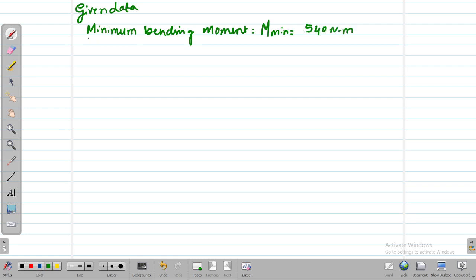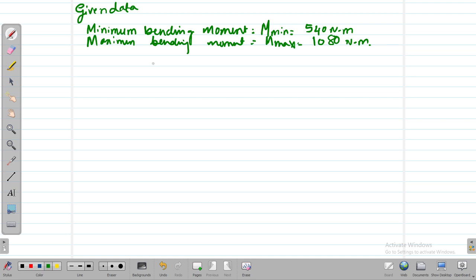Next, the maximum bending moment, M max, this is 1080 Newton meter.